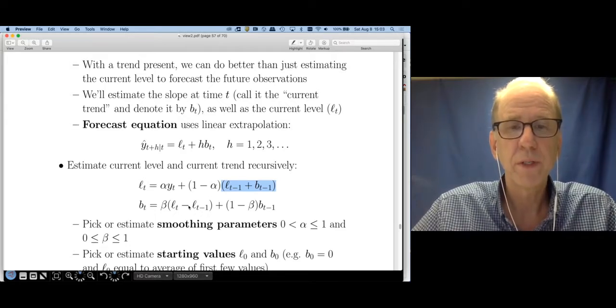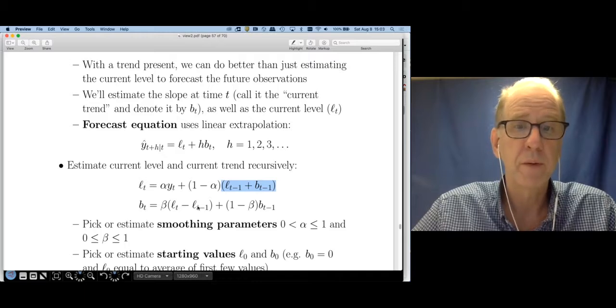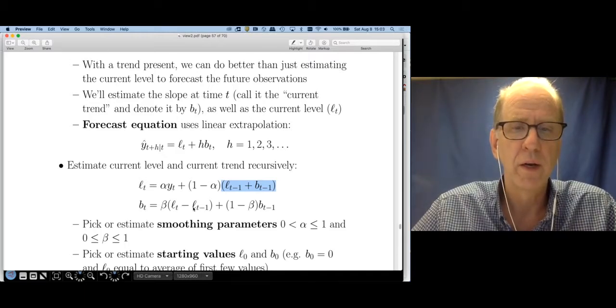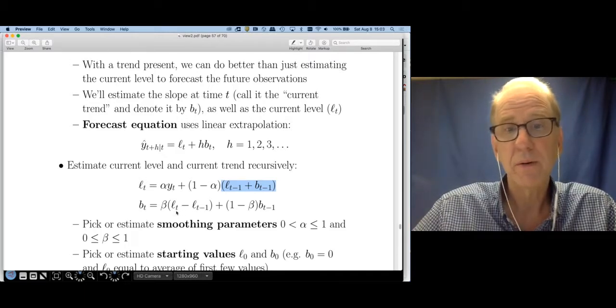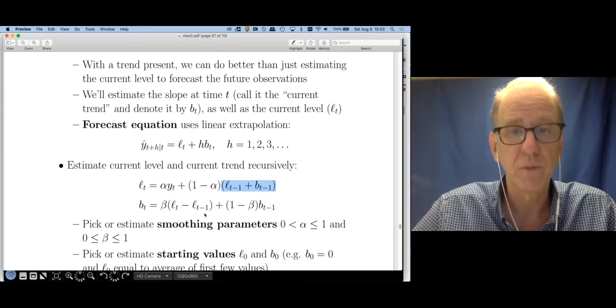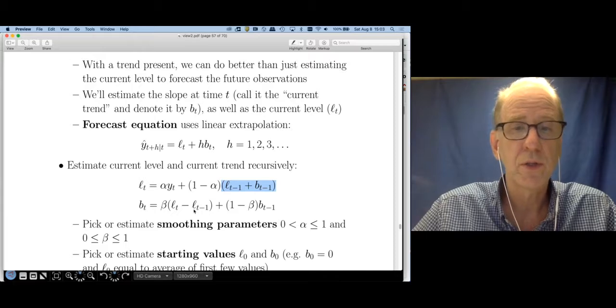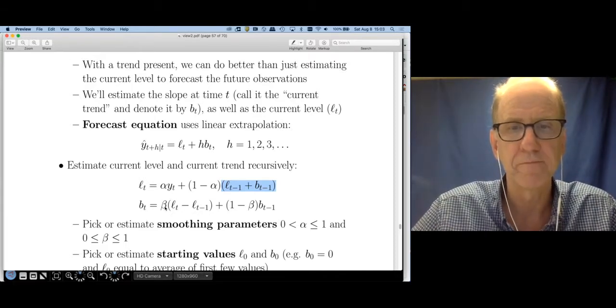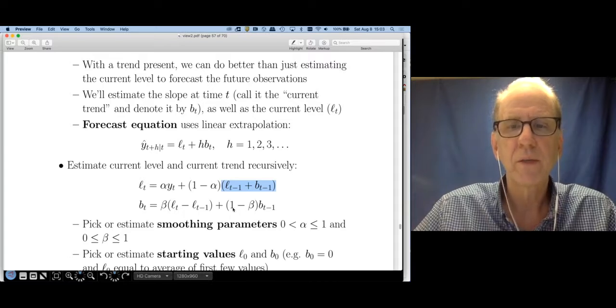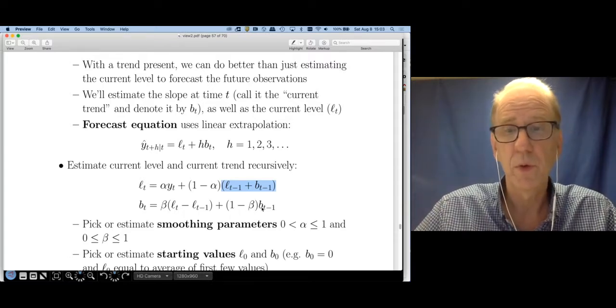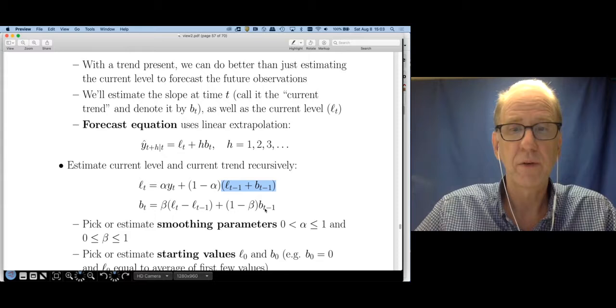This is my expected change in y, and you could think about dividing this by 1. So this is your rise divided by your run, which gives you the current slope. So this is like the current change, and we're going to give that weight beta. Then we're going to give weight 1 minus beta to the previous value of the slope.